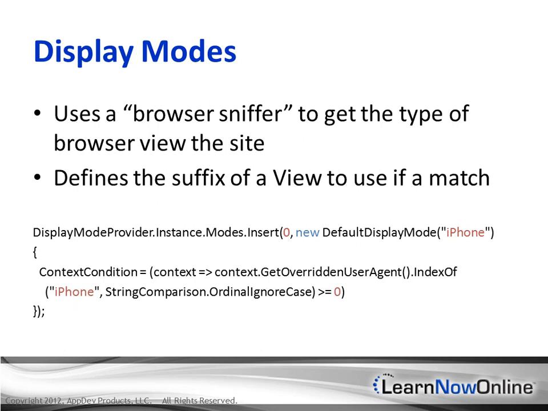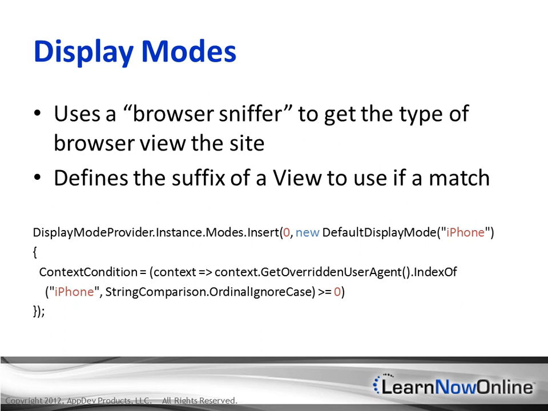For instance, index.iphone.cshtml. So that's the first part. And the second part, where we say context condition equal, and then the lambda expression, and then we get the index of iPhone and do a string comparison off of that, that is actually looking at the user agent that is automatically coming across that the browser is providing, and we're basically looking within there, seeing if iPhone exists.